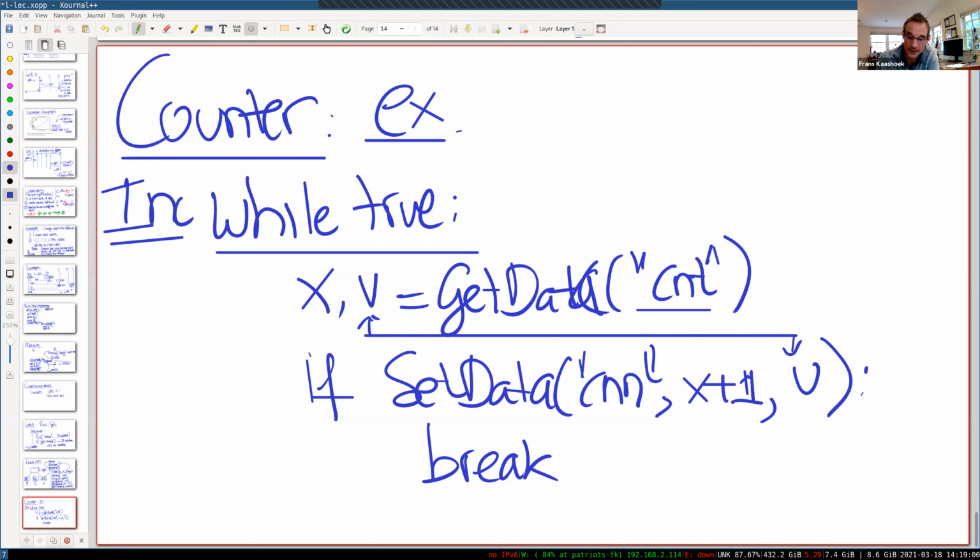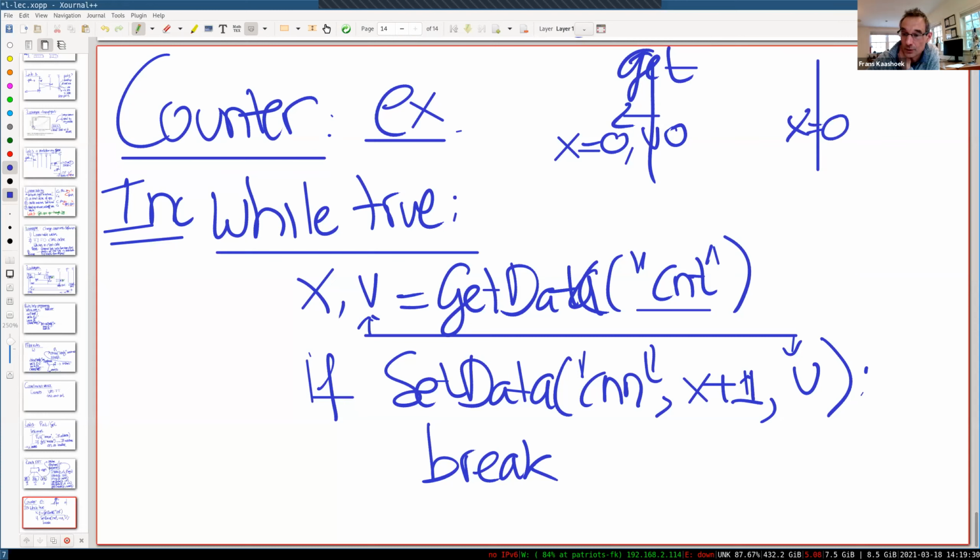And so what does this protect against? This prevents you from interleaving the get and set. If two clients do get at the same time, they both get back, say, x is 0 and version number is 0. Then they both do a put, which in this case is set data.